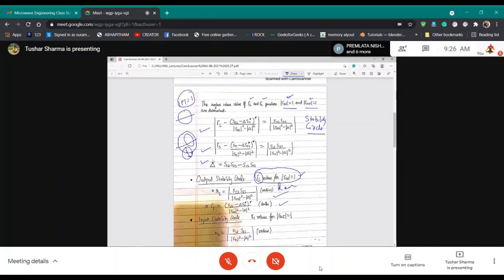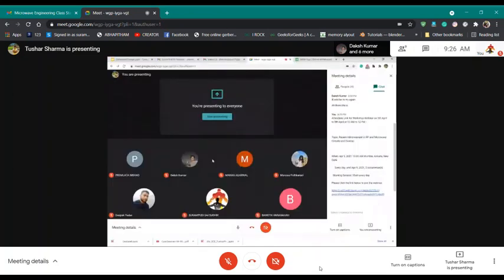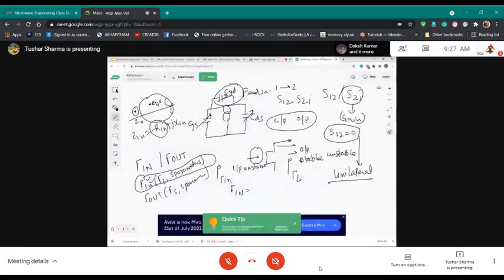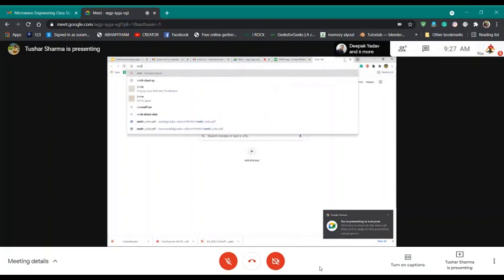Right. So once you know RL and CL, the next objective is, how do you draw the circle? Let's go back to the Smith chart.